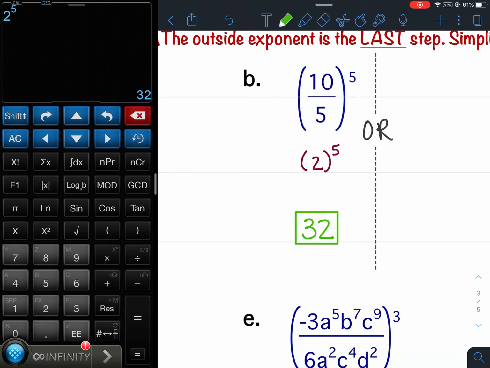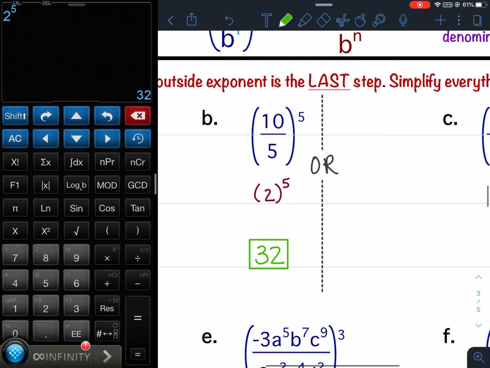Okay, so now I'm going to show you why you want to do what's in the parentheses first. So I'm going to do the same thing, except this time I'm going to go ahead and just apply the outside exponent first. In other words, I would take 5 to the 10, so this would be 10 to the 5th power, and then on the bottom, 5 to the 5th power.